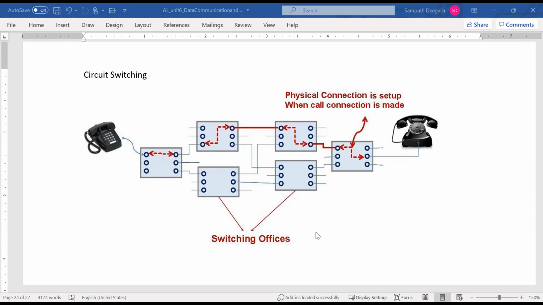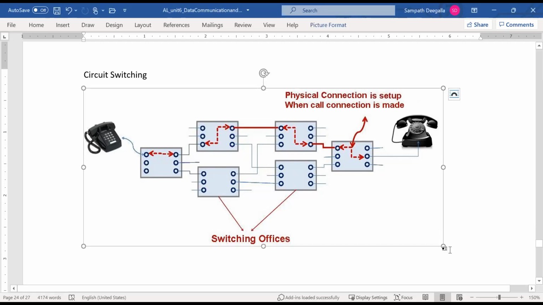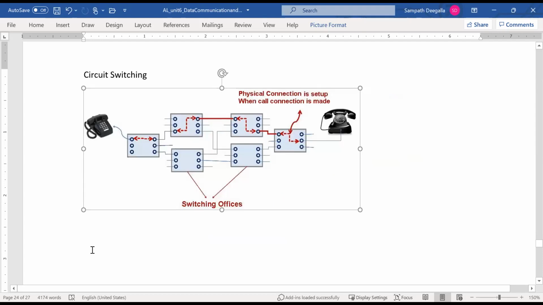Right. Now let's take down this. You can draw this. I will write down the text that you want to write down under this one.